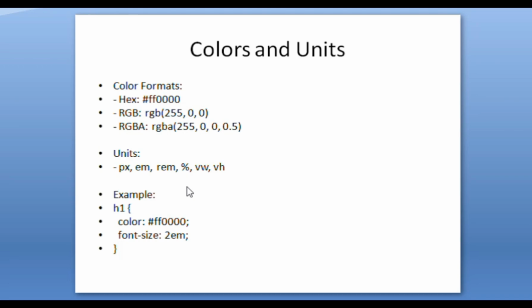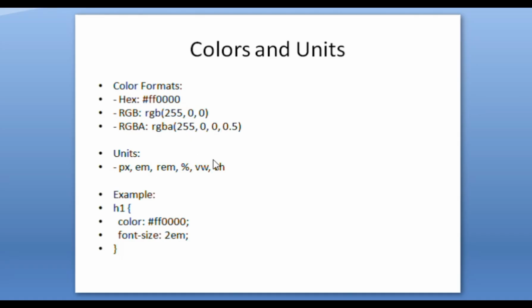If I give 255, then it gives a total plain red color, and it has the combination of 0 green and 0 blue, means no mixture of green and blue, only the red color is shown to the browser.